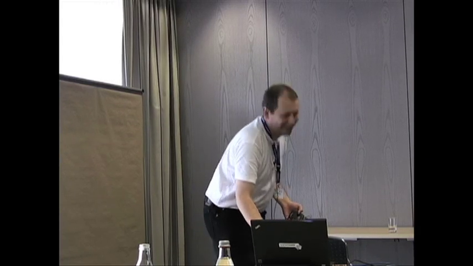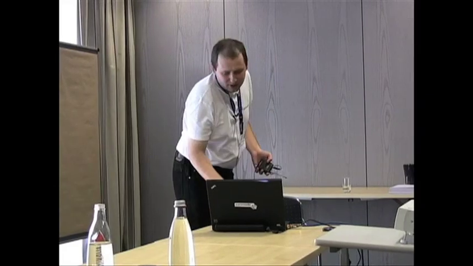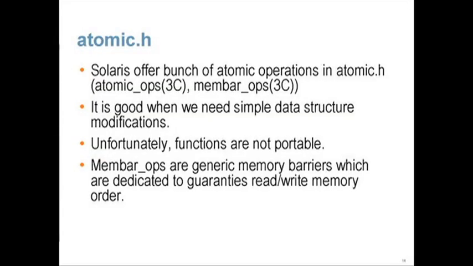There is some parallel memory access which I already described in the paper. I recommend you look into the atomic.h functions and the man pages which describe how atomic operations work and why you need membar operations.